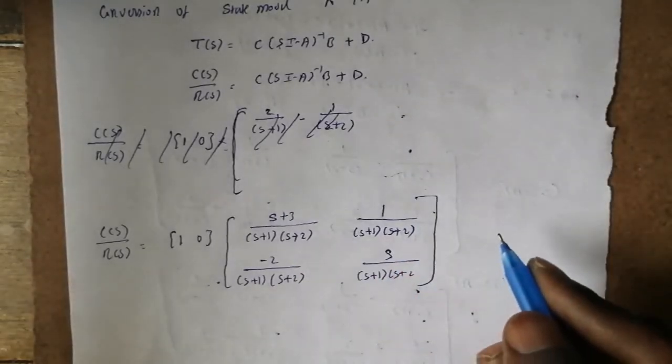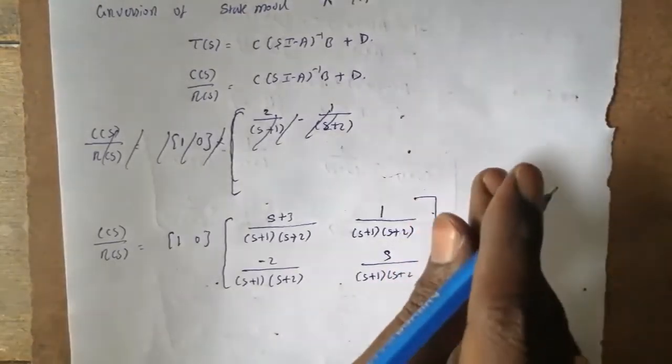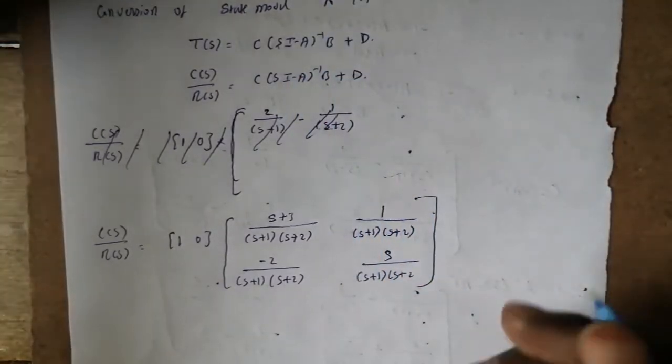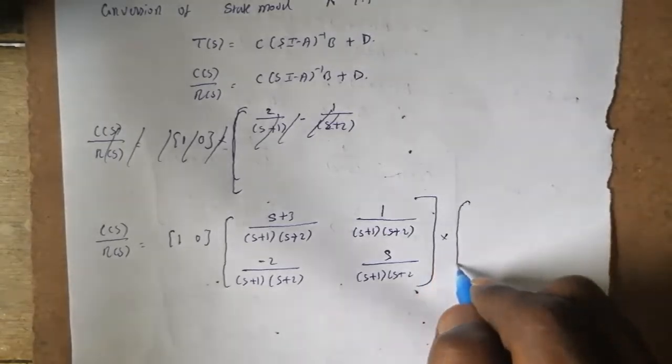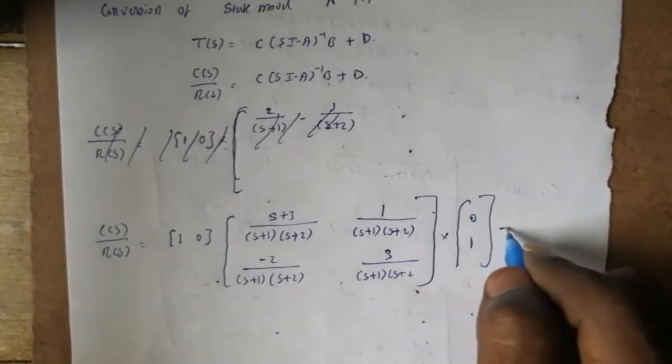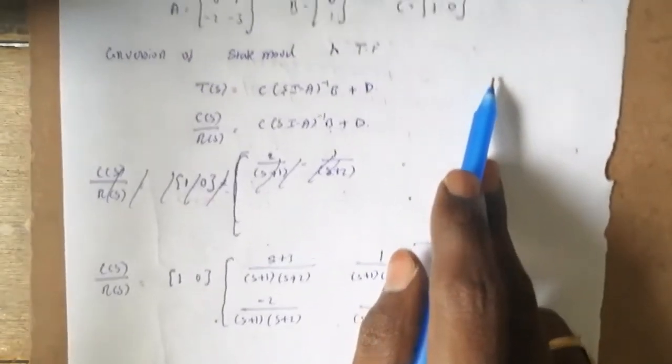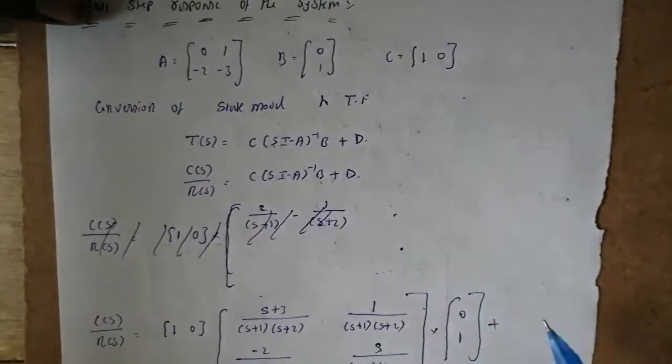So this is the matrix we obtained while solving (sI minus A) inverse. Next one is B, [0 1], plus D. Here there is no matrix D given in this problem, so it should be 0. So no need to consider it here.